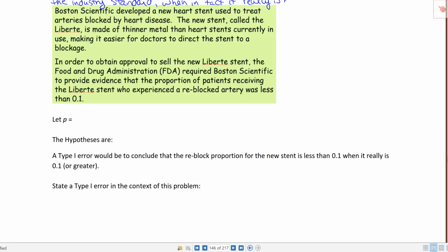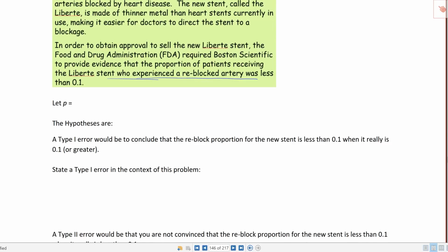Okay, so what we need to do is first define our population proportion, and we're talking about patients receiving this Liberté stent who experienced a reblocked artery, right?